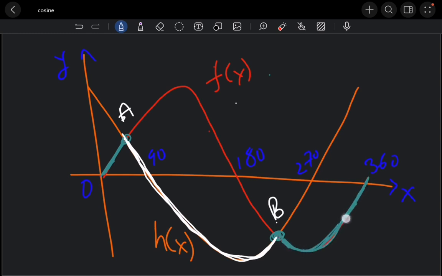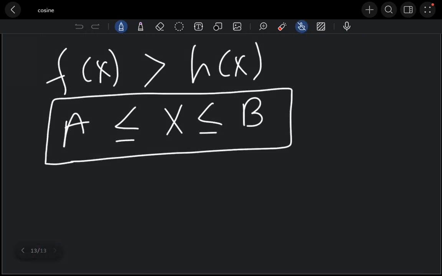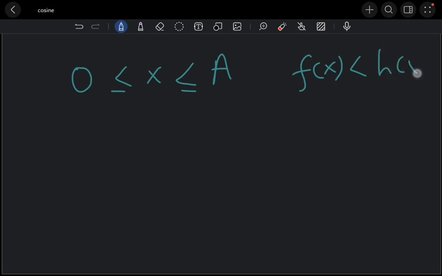Okay, this is where f of x is less than h of x. To put it in mathematical terms, we know from 0 to a, f of x is less than h of x.